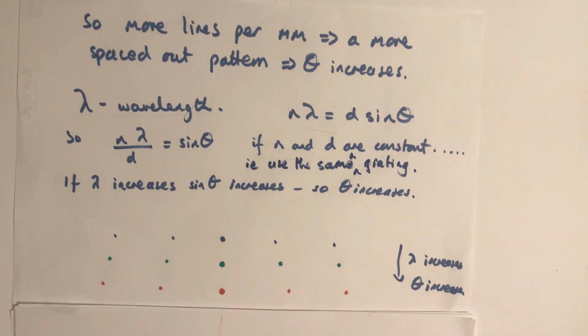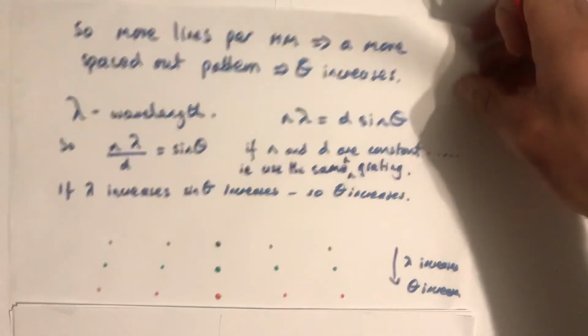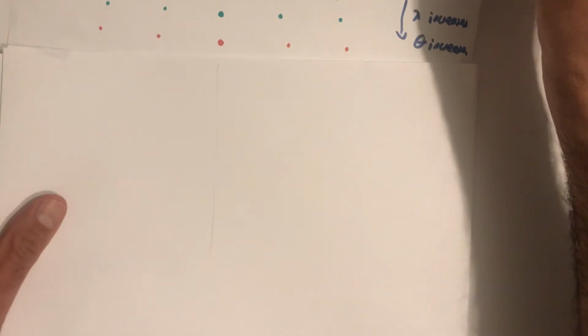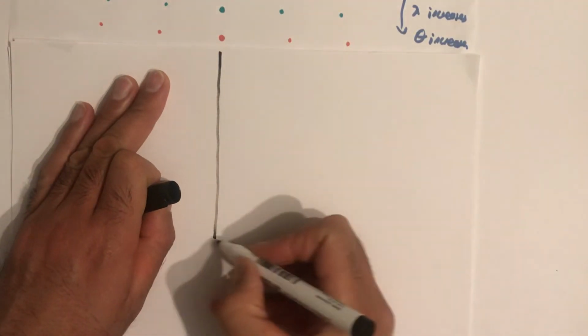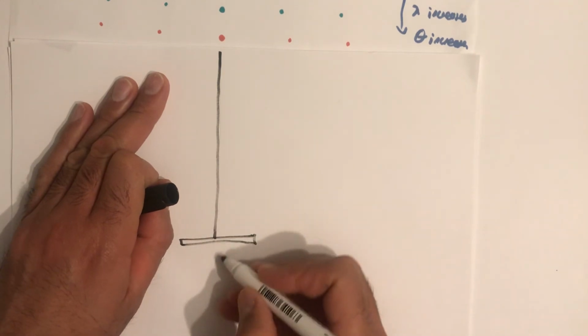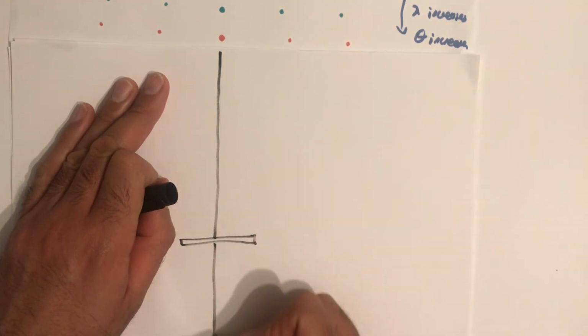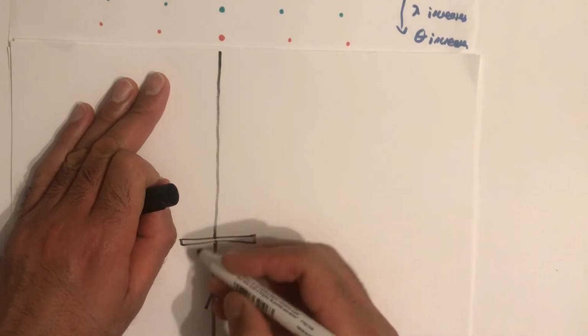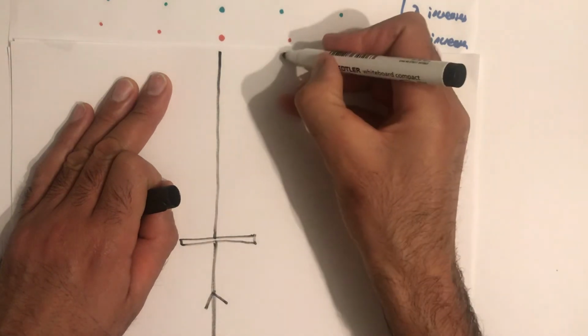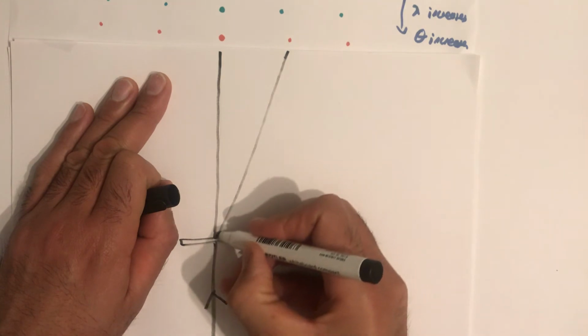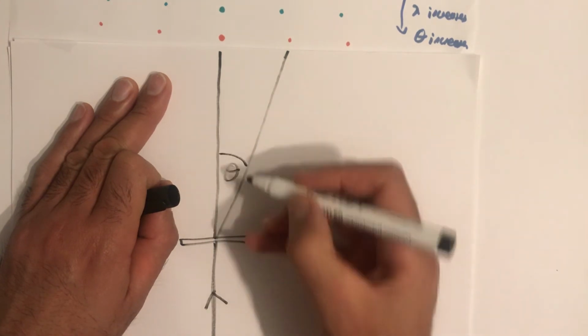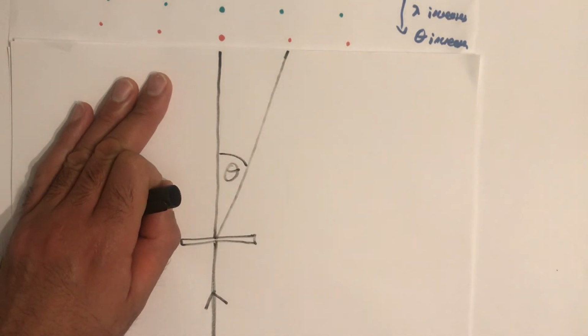And if you don't remember that, I'm hoping you can remember that we got theta by having our diffraction grating like this, the laser beam coming onto the diffraction grating, and then that spot appeared on the screen, and the theta's there.